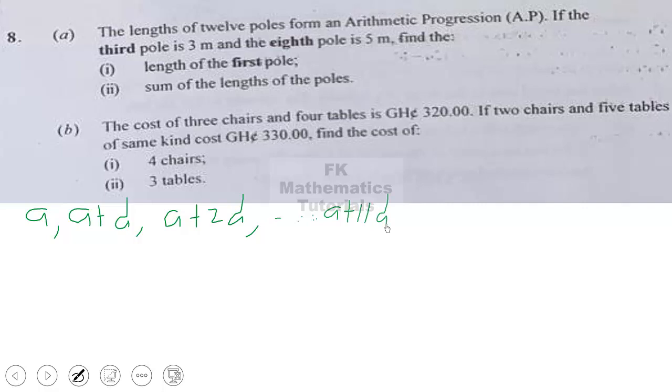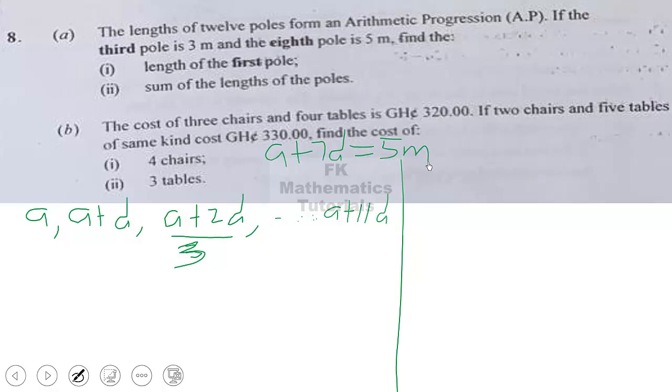Good. Now, we're told that the third pole, which is A plus 2D, is 3 meters. Then the eighth pole, A plus 7D, is 5 meters.